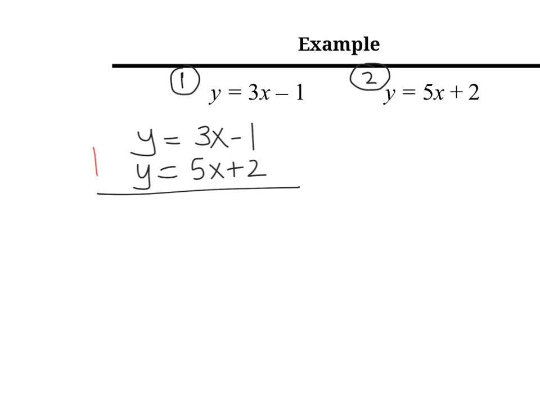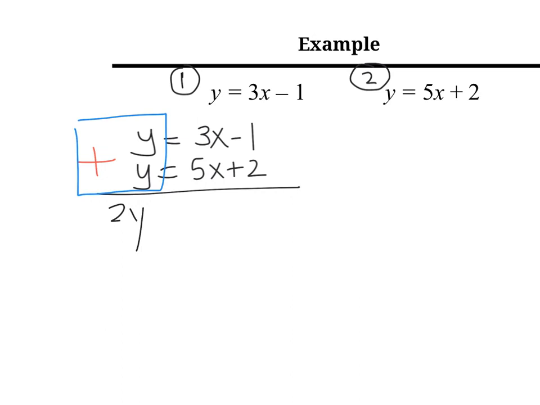So if I chose to add my two equations together, then what I would be saying is that I want to take y in the first equation and add it to the y in the second equation. Well, from what I know about collecting like terms, y plus another y would actually give me a 2y.